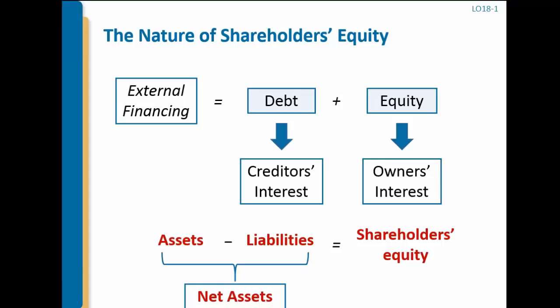Stockholder equity is what we're looking at here. Again, we've talked about the assets minus liabilities. Assets minus liabilities is net assets, is the equity of the organization. The difference between the debt and equity is debt is the creditor's interest. So if we have debt, we have creditors, and if we have equity, we have owners. So we always think about the equity represents the wealth of the organization.